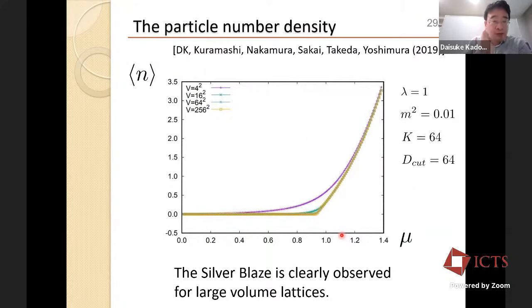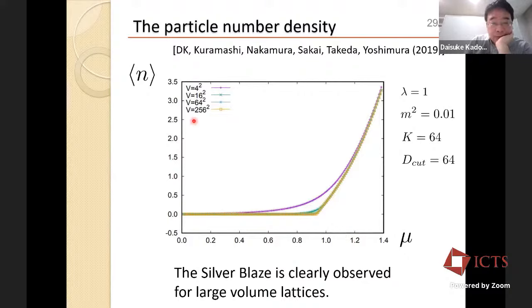And this figure shows the particle number density obtained by the TRG method for various values of lattice volume.